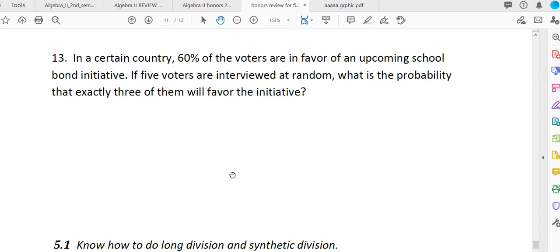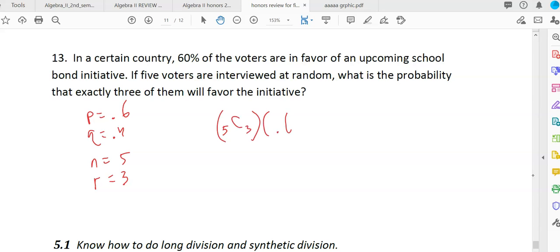Exactly 3 of them. So this looks like binomial. So what's your p, your q, your n, and your r? There's only 2 outcomes. So 60% I want them to favor, 40% are not in favor. 5 voters are interviewed, and I want to get exactly 3 of them. This would be nCr, so this would be 5 choose 3, times 0.6 to the r, times 0.4 to the n minus r.